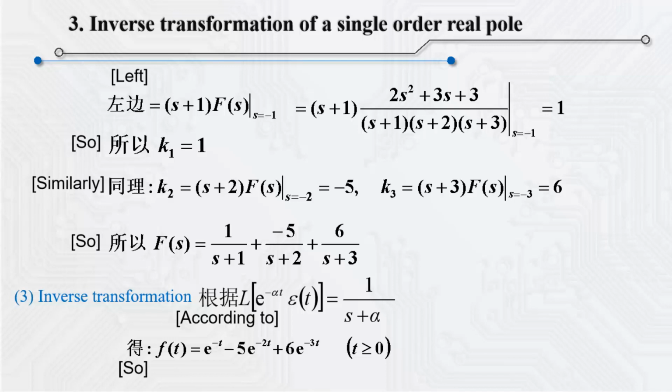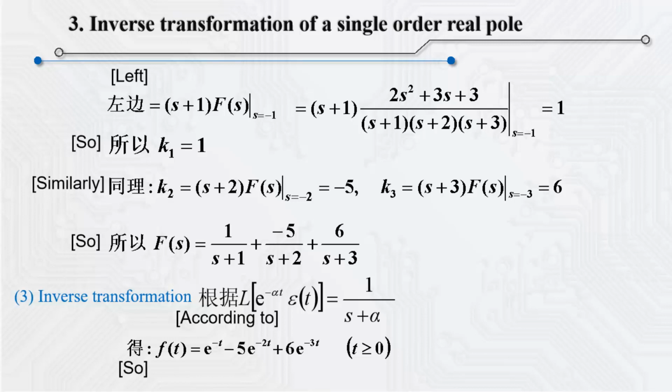Similarly, the same equation is multiplied by (s plus 2) at the same time. Make s equal to minus 2, and we will get k2 equals minus 5. To solve k3, multiply both sides of the equation by (s plus 3) at the same time.